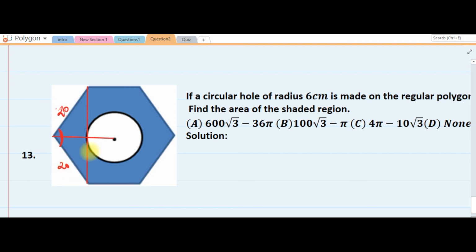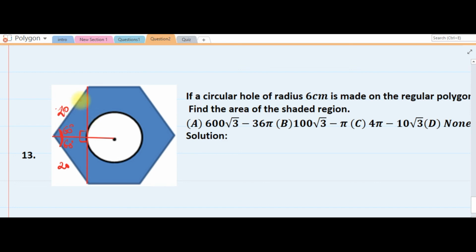This is also 20. So we have an isosceles triangle, and remember, this is tangent to this circle, so this should be 90 degrees. Is a tangent. So here is 60. Here is also 60. You know why? Because it's an isosceles triangle, so the height always bisects the base.